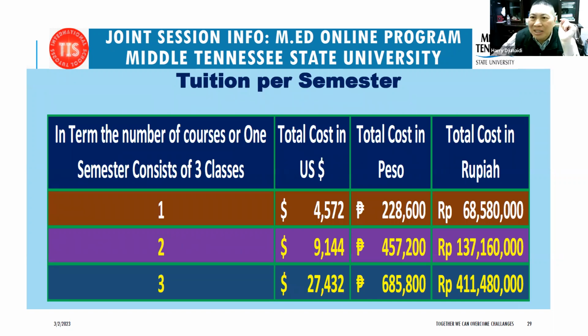Okay, 688,000. This is only for the 3 courses. How many do you have to take? 11 courses, right? Yes, sir. Remember? So you multiply this by 3 or almost 4. So that will be, in terms of peso, 2.4 million peso.